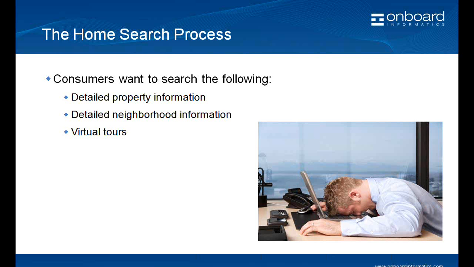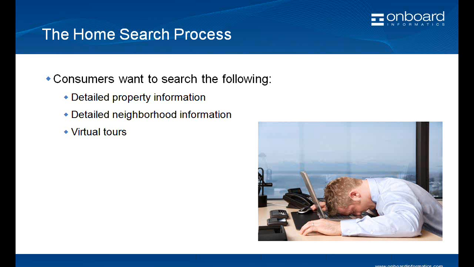And the second most important thing that they search on is detailed neighborhood or local information. There's kind of the argument usually that users sometimes move within a very close range to where they live now, which is very true, but you also want to know what's right around you.